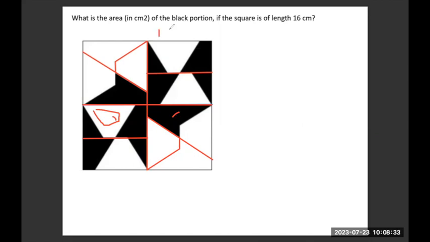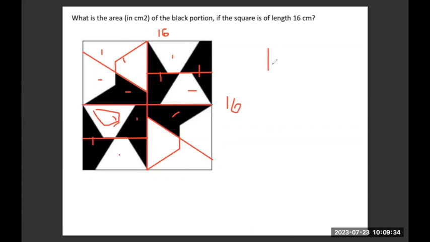Now, all I know is that this is 16. And the number of parts in this square of 16 by 16, the number of these modules in this larger square, I have 1, 2, 3, 4, 5, 6, 7, 8, and 9, 10, 11, 12, and then 4 more on this side.